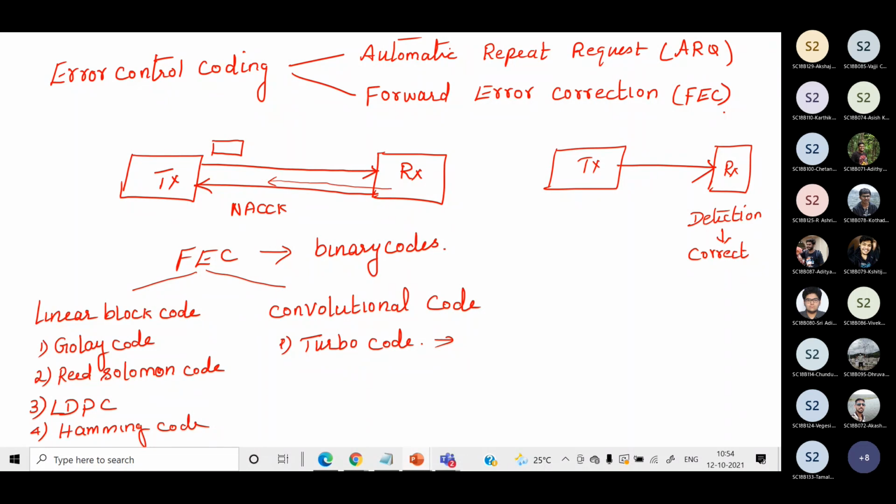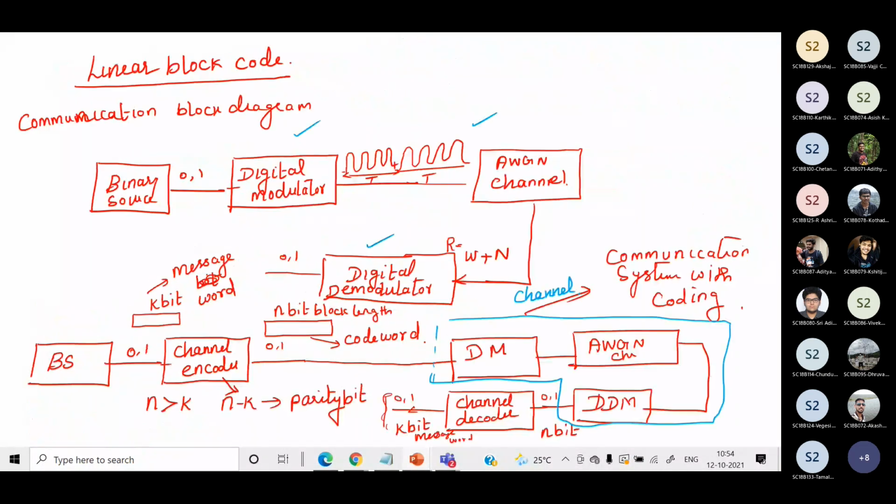This logic we call the error correction functionality, that is, error correction coding happening here. So in forward error correction, at the receiver we detect and correct the error. Based on this, forward error correction is classified into two types: one is linear block code, another is convolutional code.